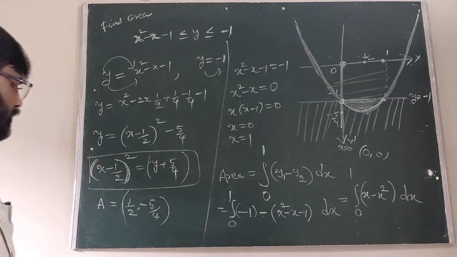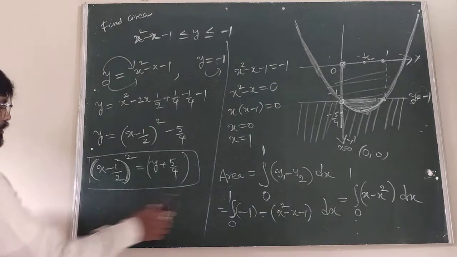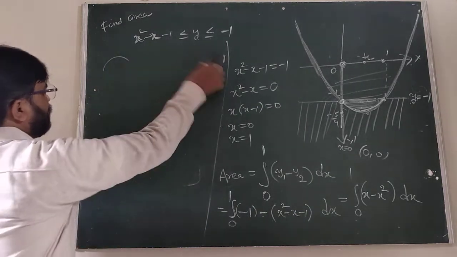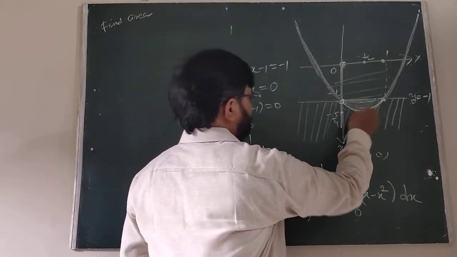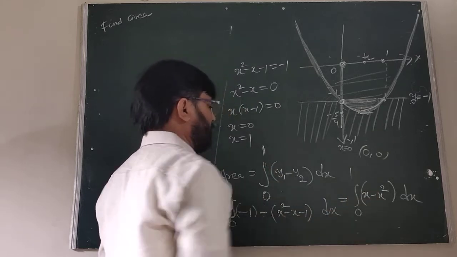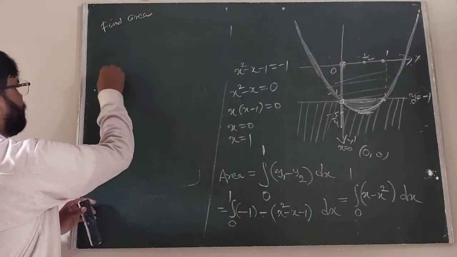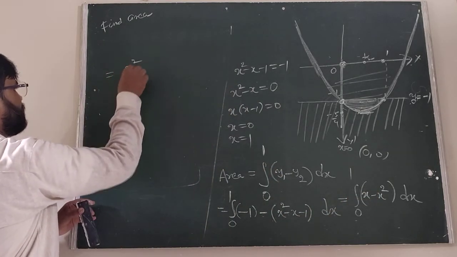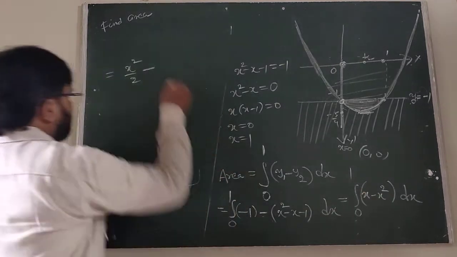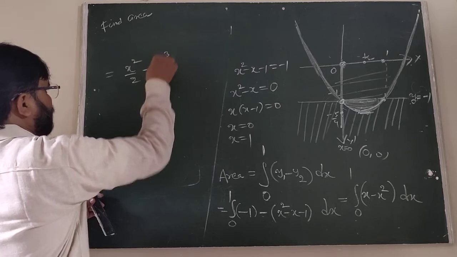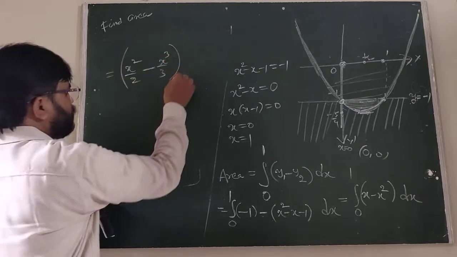To find the area: the integral of x is x square by 2, and the integral of x square is x cube by 3, with limits 0 to 1.